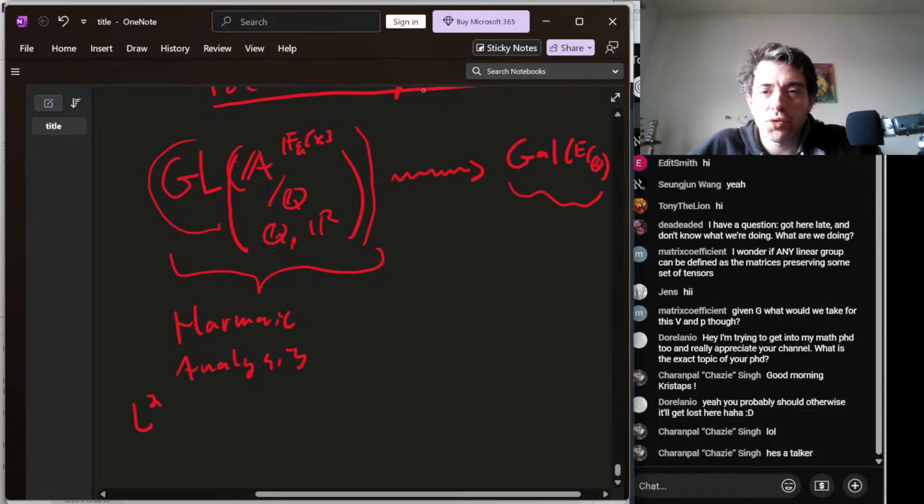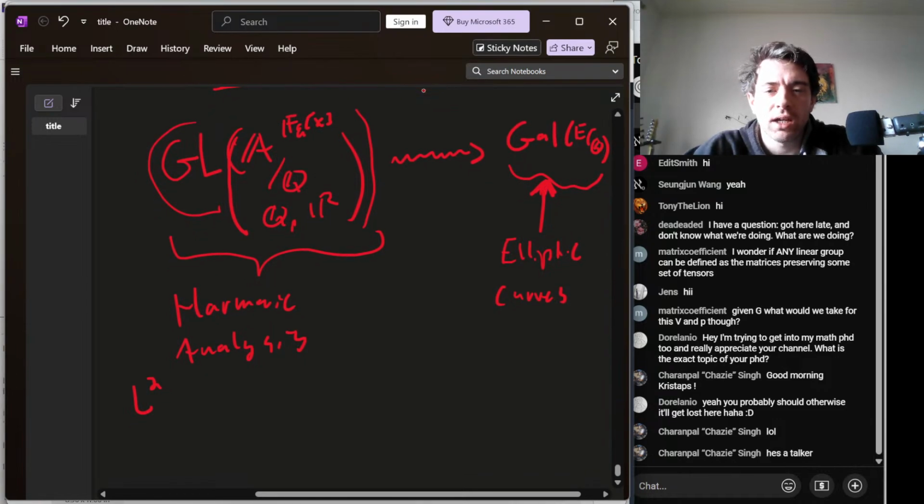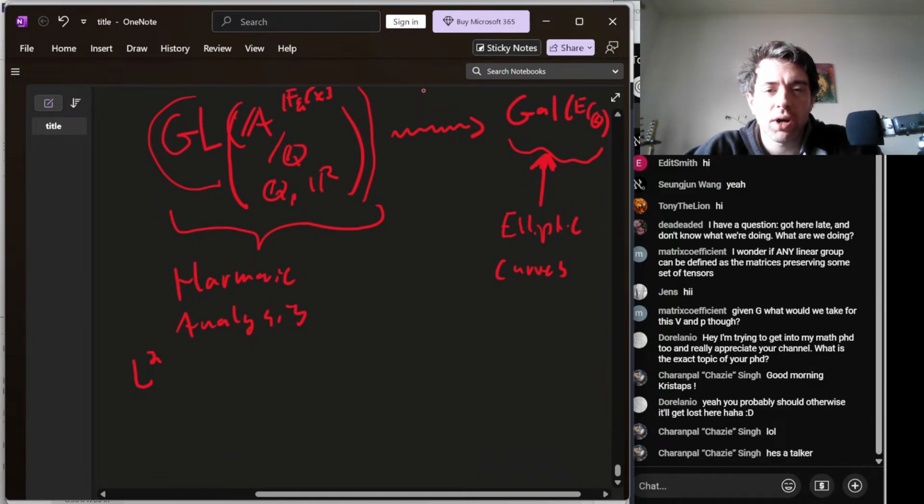And then over here, of course, Galois theory is very number theory. You've got elliptic curves feeding into here. You can construct Galois representations from elliptic curves, things like this. And so it's about matching those things up.